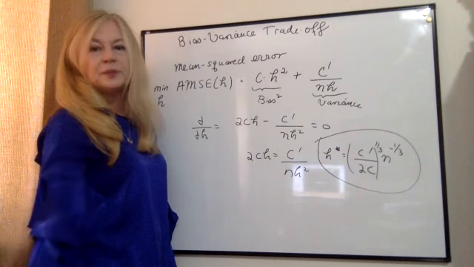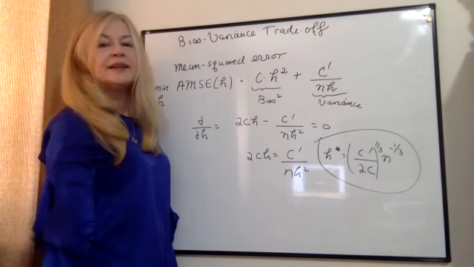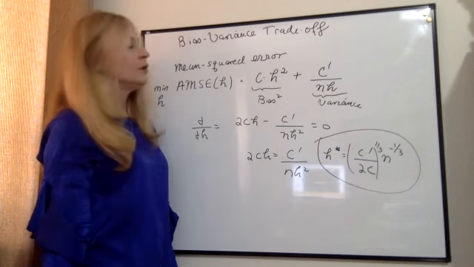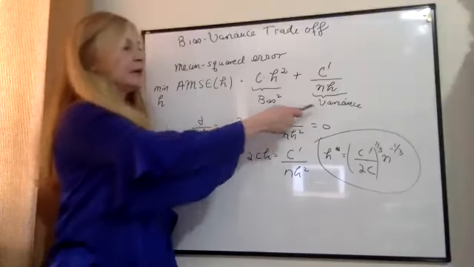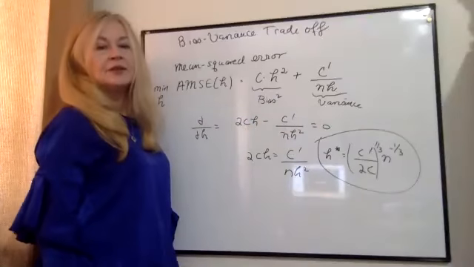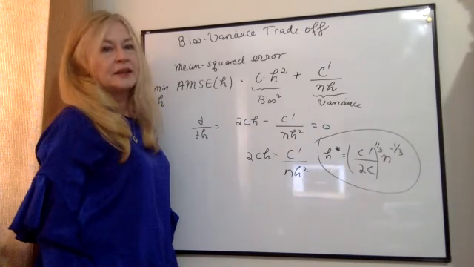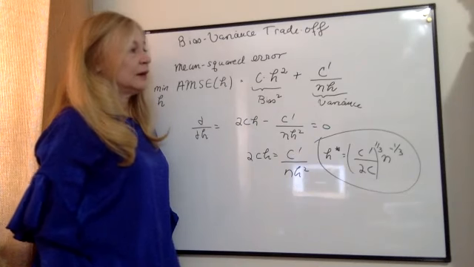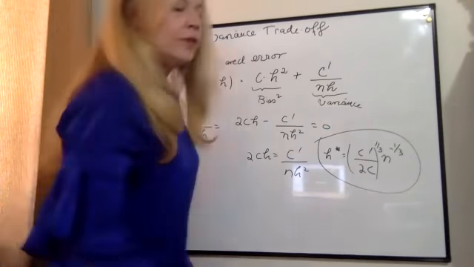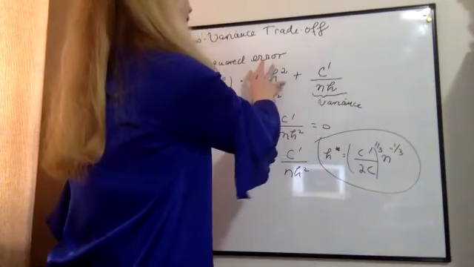Yeah, OLS is BLUE, right? OLS is the best linear unbiased estimator. So for the OLS estimator, we only have a variance. So the mean squared error is equal to the variance. Okay, so for the OLS estimator, there's only this, and this would be 0.